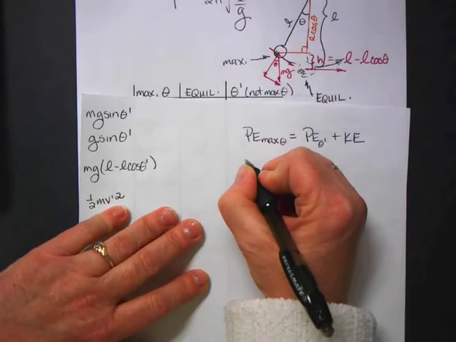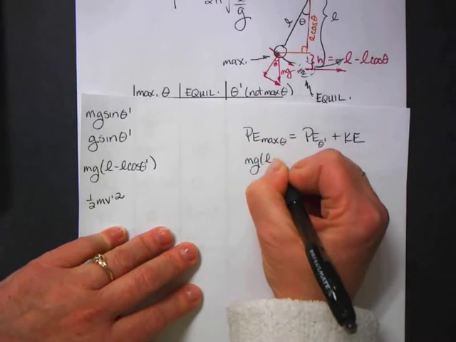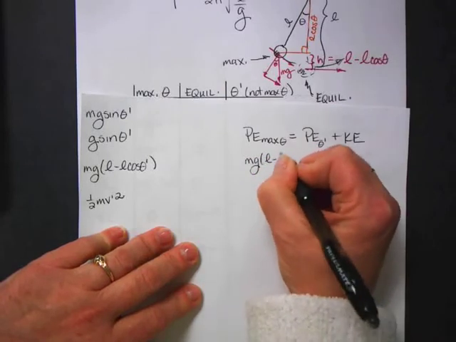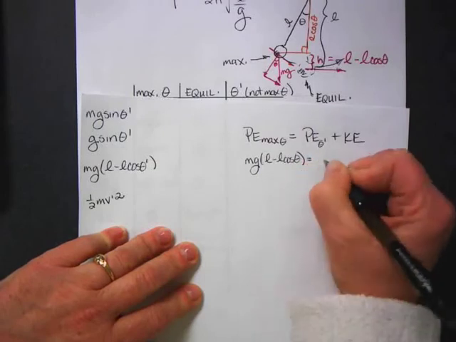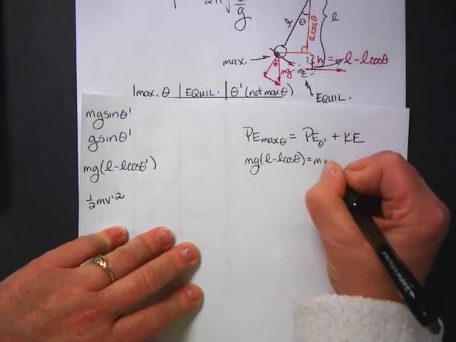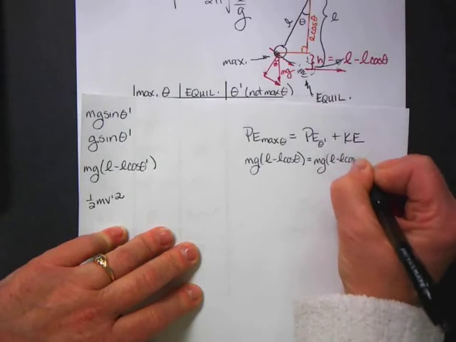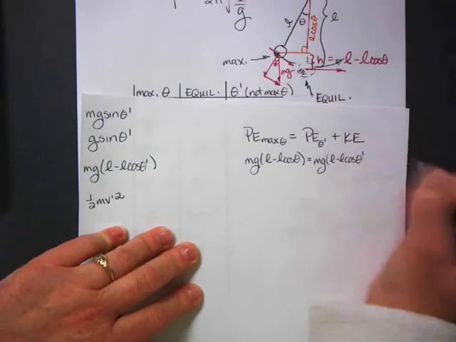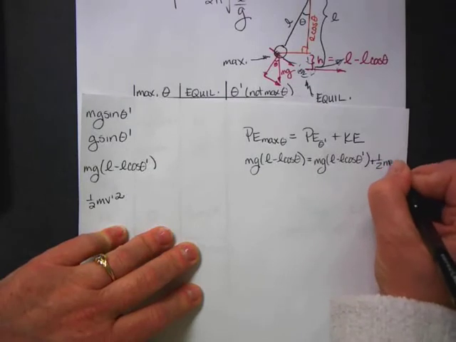Maximum is mg times (L minus L cosine theta). Some of that will still be in potential, so mg times (L minus L cosine theta prime), and some kinetic, 1/2 mv squared.